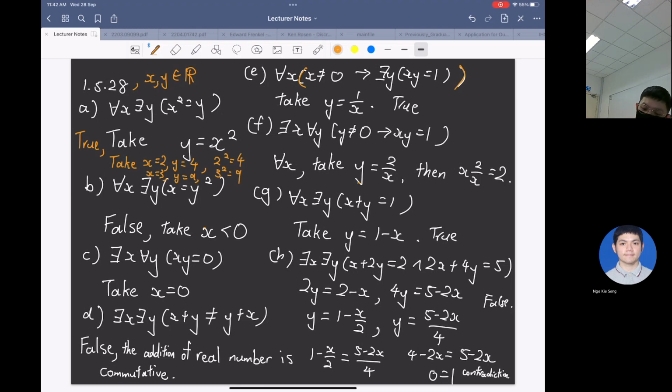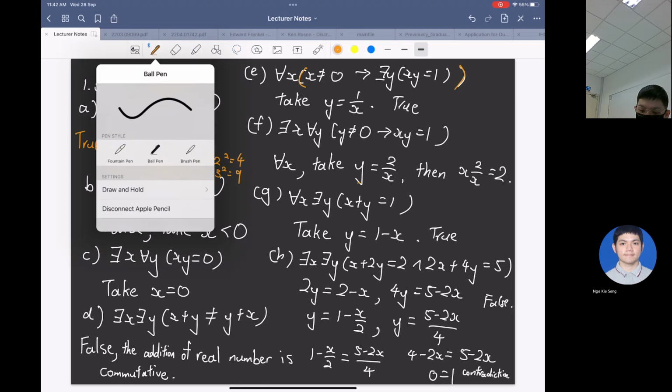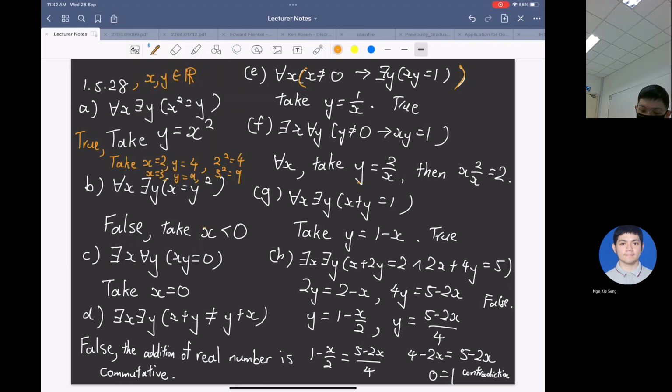But I want to prove it for all x, right? So I give you an x, you have to give me a y. So this y has to depend on x, right? So you need to take y to be x squared. Why does x squared work?